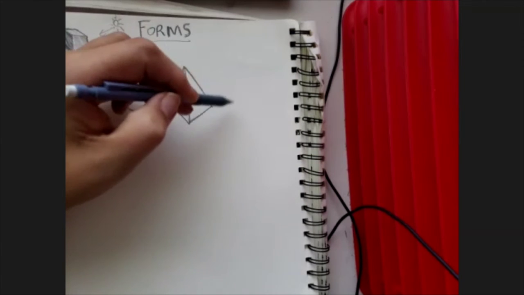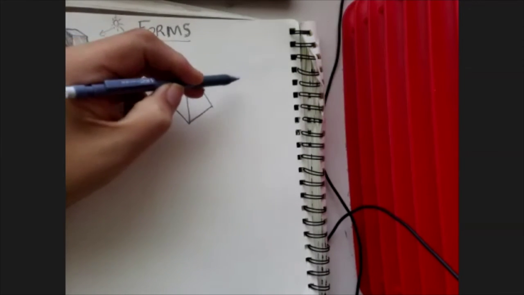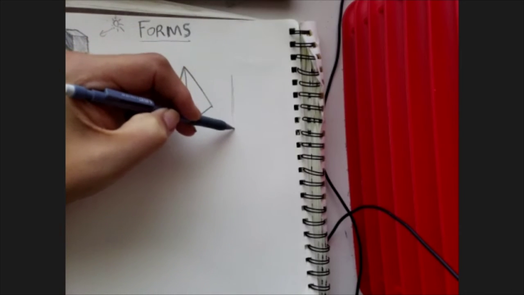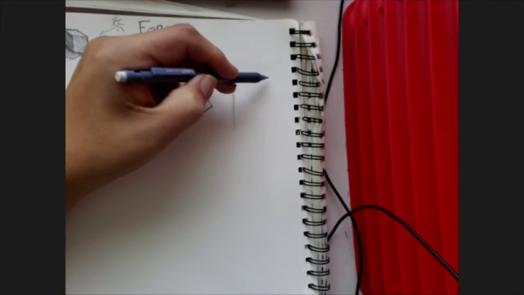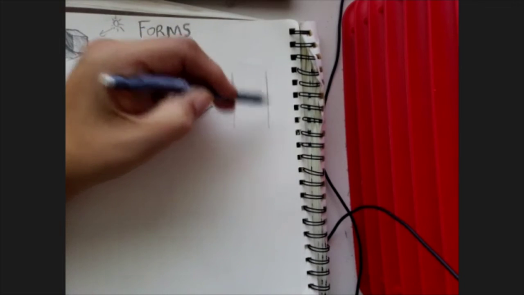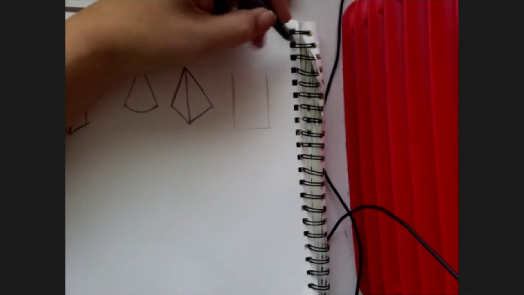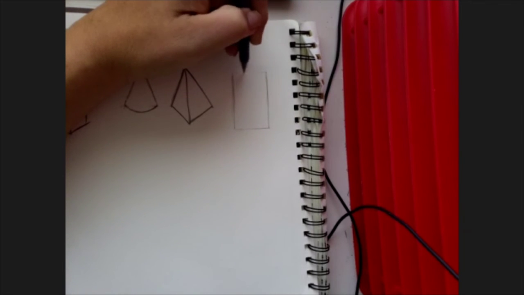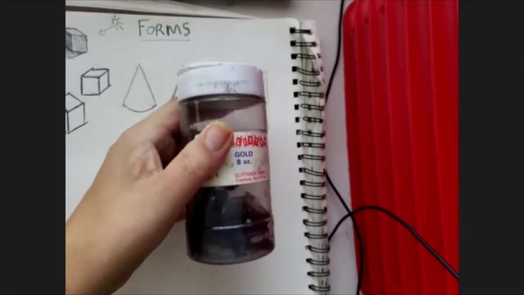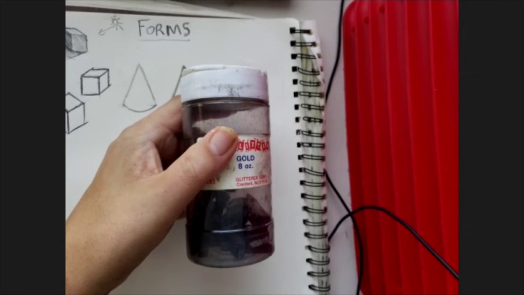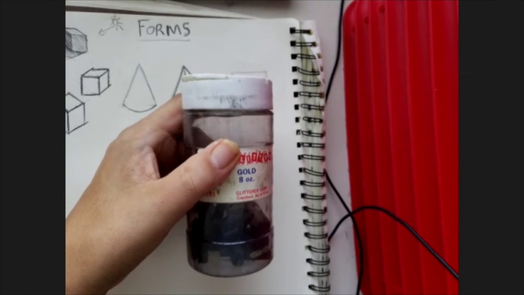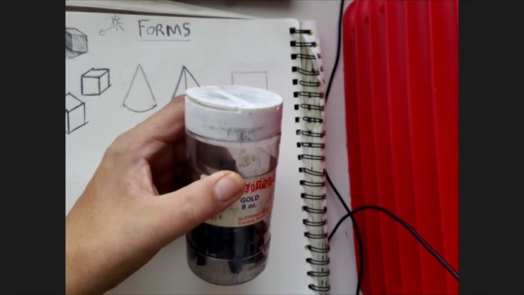The next one I want to do with you guys is a cylinder. Here, let's draw a light rectangle. So we're going to draw the cylinder as if it was standing kind of straight up and down, but more at an angle like this.